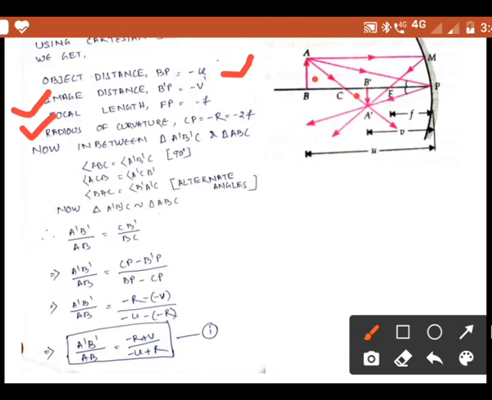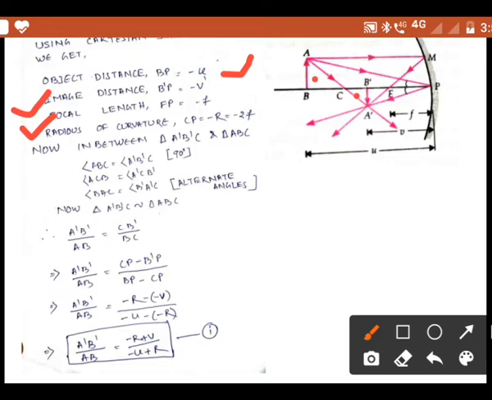Then angle BAC equal to angle B dash A dash C, both are alternate angles. Then both triangles are similar. That means the proportion of sides should be equal.